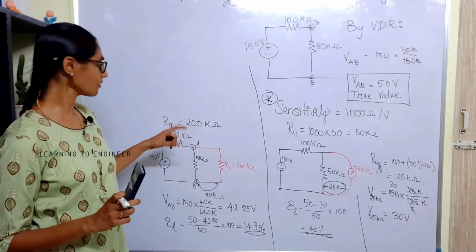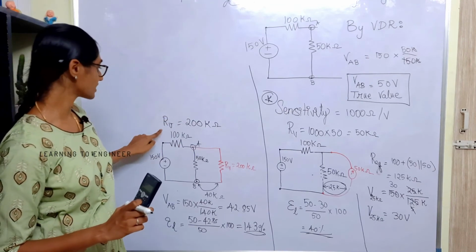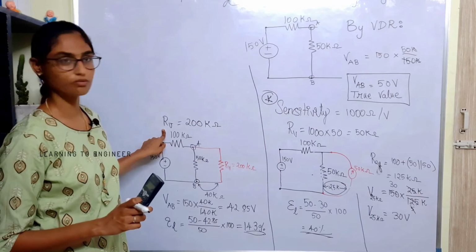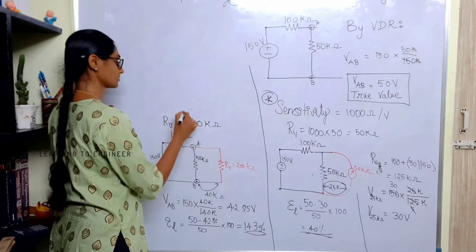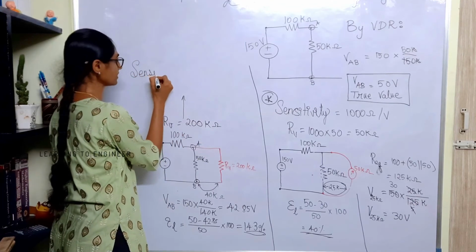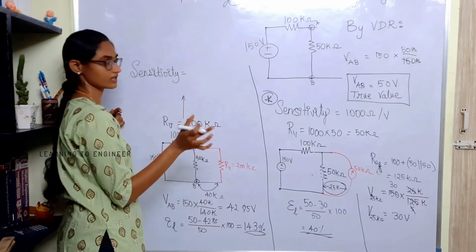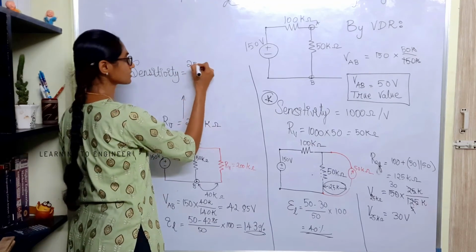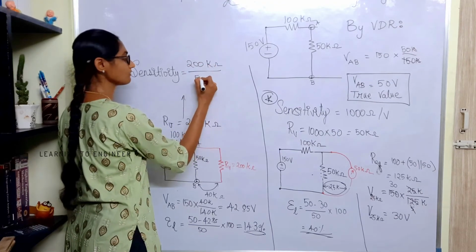Now let us back calculate the sensitivity of the voltmeter when the resistance is supposed to be 200 kilo ohm while measuring 50 volt. Sensitivity is output by input. So this is 200 kilo ohm for 50 volt.